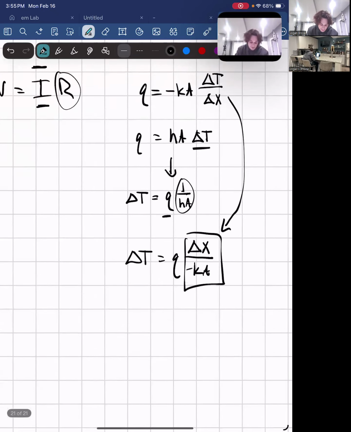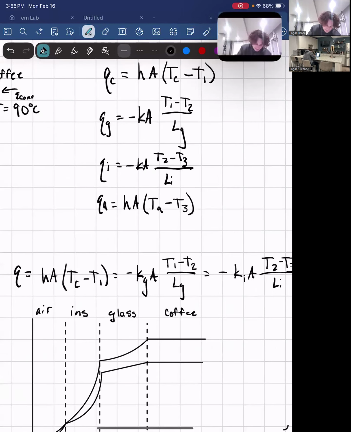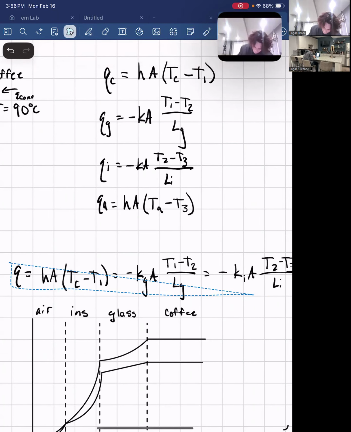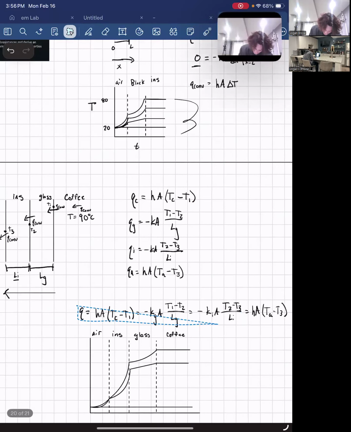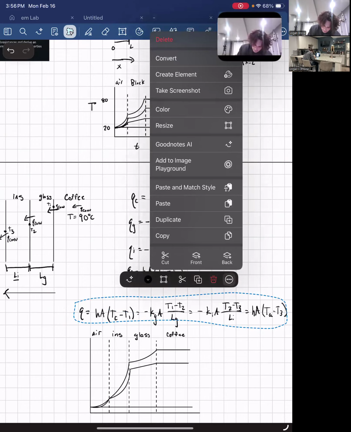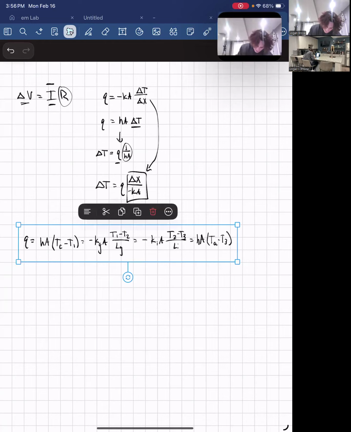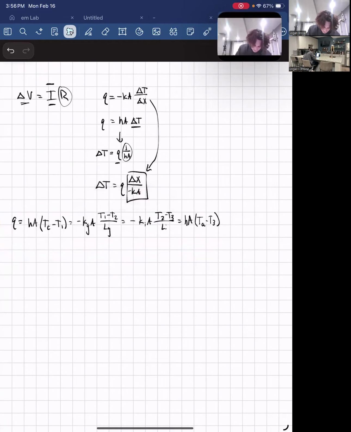Now, if we look back at our last problem, we have this big equation here. Let me just copy this so that I don't have to keep switching back and forth. We have this equation.